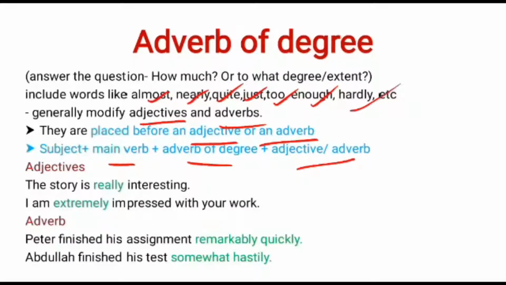It means adverb of degree will come before an adjective or an adverb. We can understand this with the help of these examples. Now looking at these examples, the adverbs really and extremely are the adverbs which are informing us about the intensity of adjectives interesting and impressed.